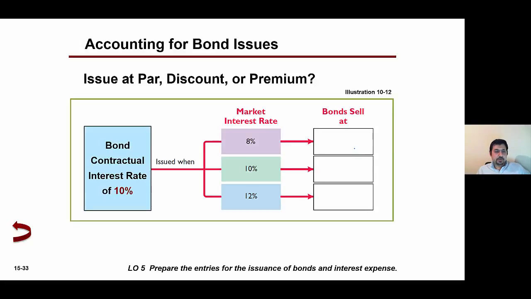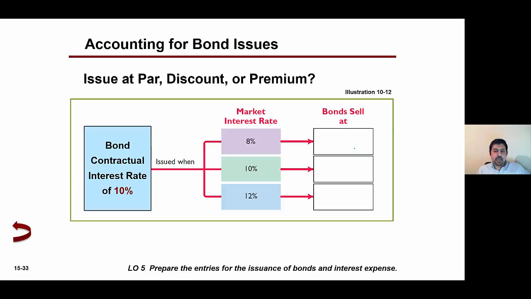Generally speaking, the discount and the premium are the difference between the face value and the selling price of the bond. If you remember in the previous example a few slides ago, Boeing was being sold at 965.9 something, and that amount was the difference from the face value of $1,000. That would be a discount because it was sold at a price lower than the face value. So it was sold at a discount.